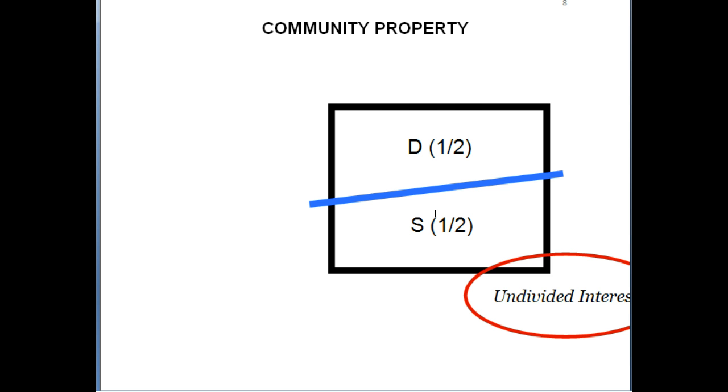So 1/2 of the property interest is included in D's estate, D being the decedent. And consideration of a discount depends on the type of property this is. Obviously, if it's cash, it's not going to be discounted. Marketable securities would not get discounted. So discounts are not automatic just because you hold a fractional interest.